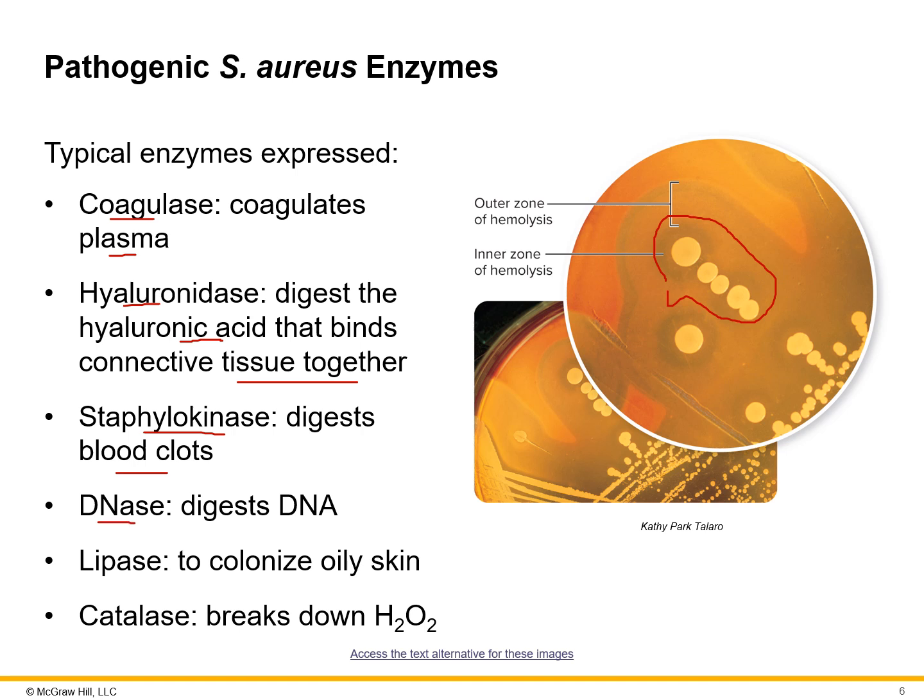DNase can be produced that destroys DNA, harming our own cells or other microbes to help it compete. Lipase helps break down or use lipids, so that's why it can exist on oily skin. It's actually breaking down those lipids that normally are harmful. And it produces catalase, which is able to break down peroxide, so it converts it into water and oxygen.